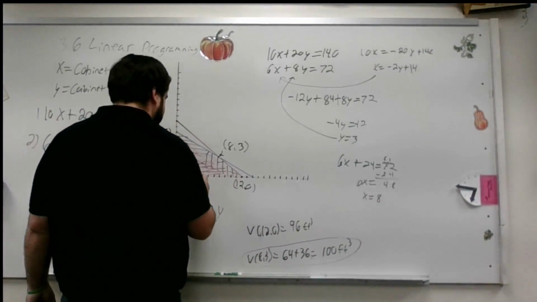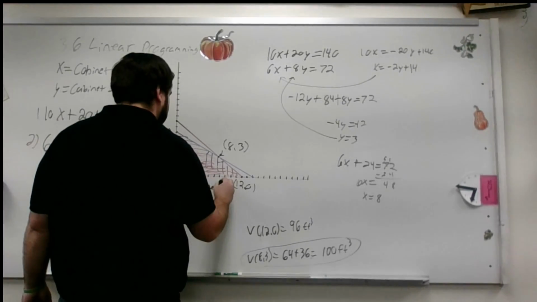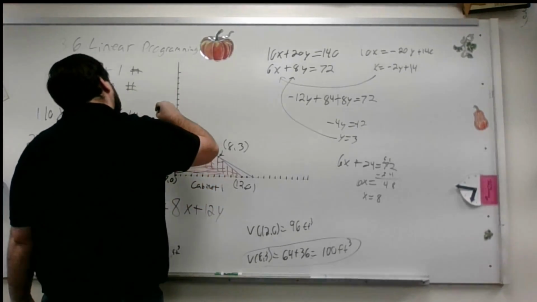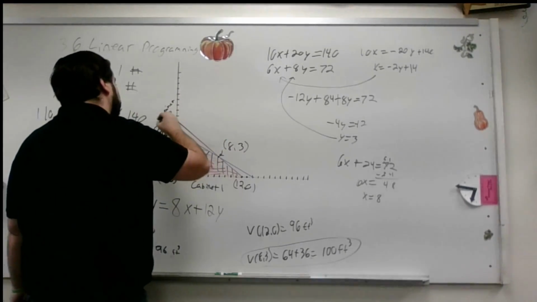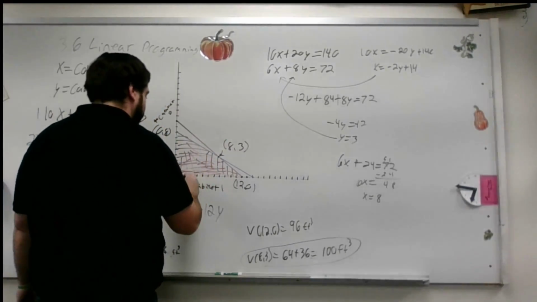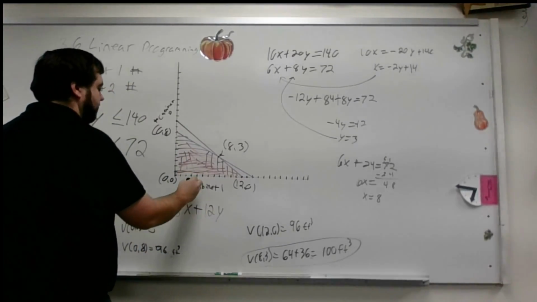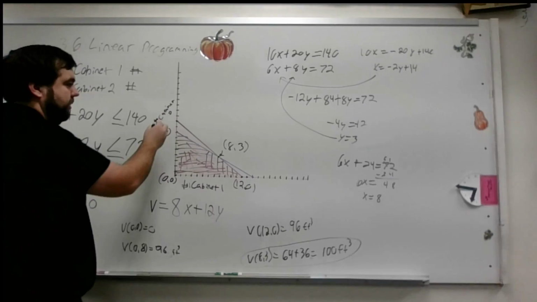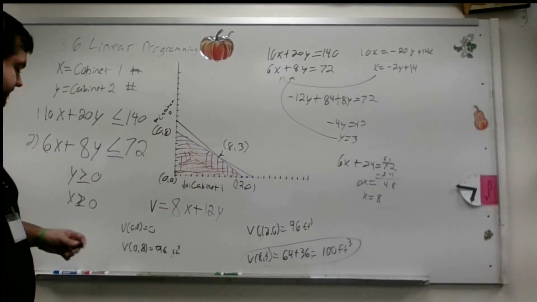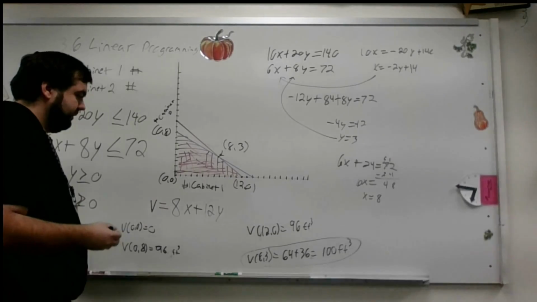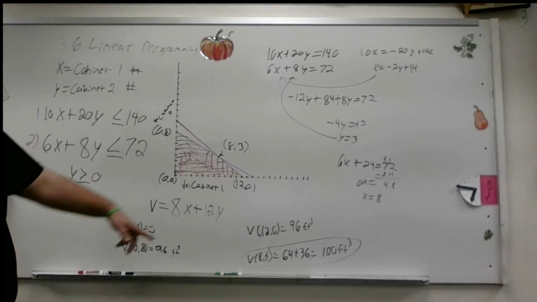So, don't forget to label your graph. So we have number of cabinet 1s and number of cabinet 2s. Okay? So, have all that. I've figured out maximize volume, I should do that.